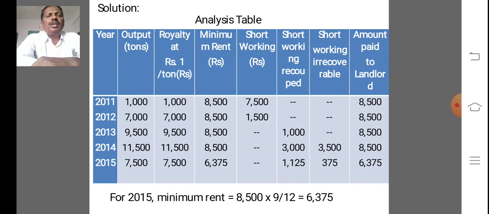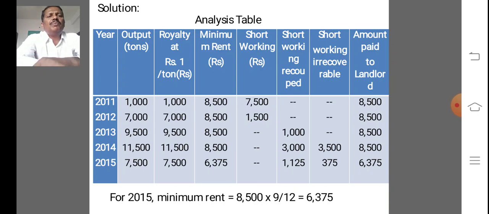In the year 2014, 11,500 is the output into 1, 11,500 is the royalty, but minimum rent is 8,500. In this case, royalty is more than minimum rent. The difference is called a surplus. Surplus is 3,000. So out of 7,500 we already recovered 1,000, remaining 6,500.